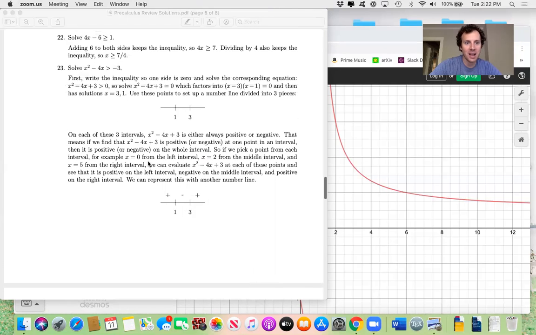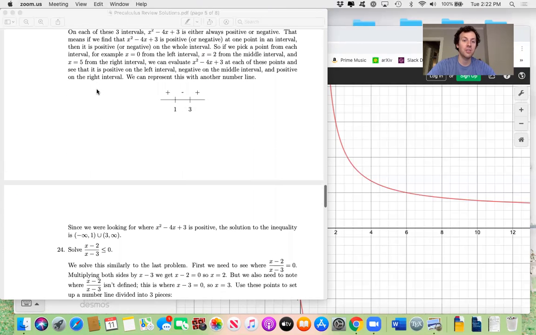We look back and say, this inequality we wanted to start with was equivalent to this inequality. So we want to know where a function was positive, and this number line tells us exactly that. We're positive to the left of 1, which is this branch of our interval, and to the right of 3, which is this branch.